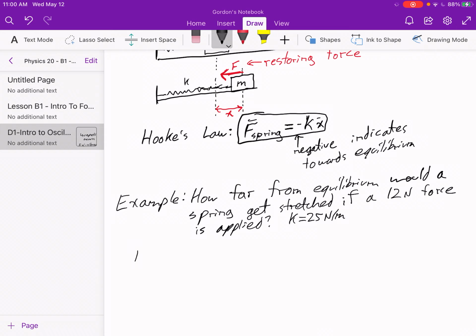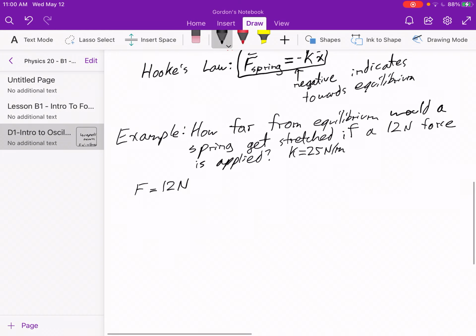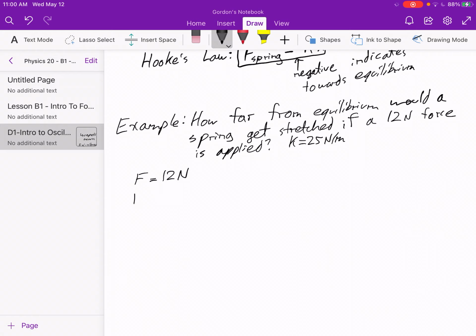Well, this question is not too difficult. We know our force is 12 newtons. This is obviously going to be the spring force. In this case, it's going to be the restoring force as well. We know our constant is 25 newtons per meter. And we're looking for the distance that it's been stretched from equilibrium, which is just x. So of course, the force of the spring is just equal to negative kx.